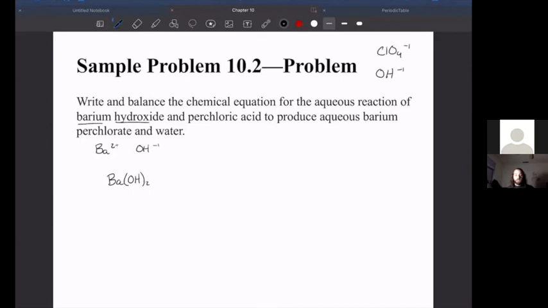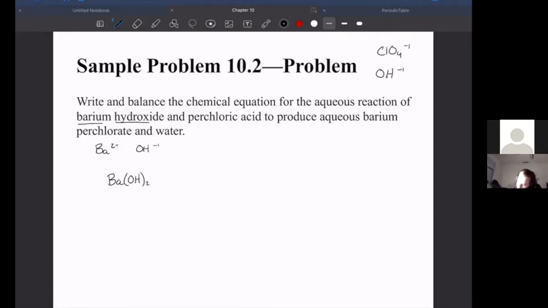So this is a good example. If you don't remember how to form these ionic compounds, this would have been something that we discussed all the way back in chapter 6. I don't remember what chapter it would have been. But anyway, when we were talking about ionic compounds and naming ionic compounds and the molecular formulas for ionic compounds, these are the skills that we would need.